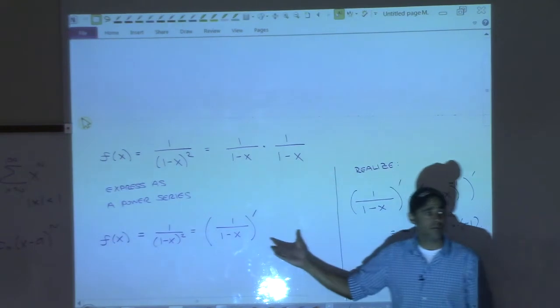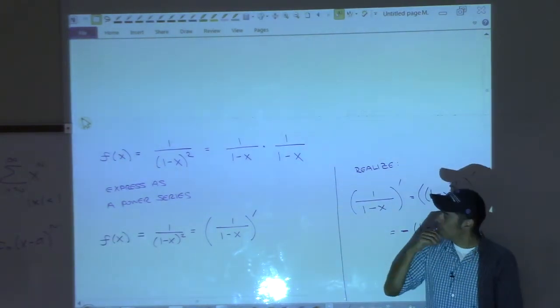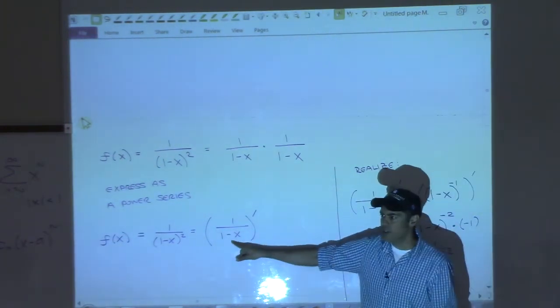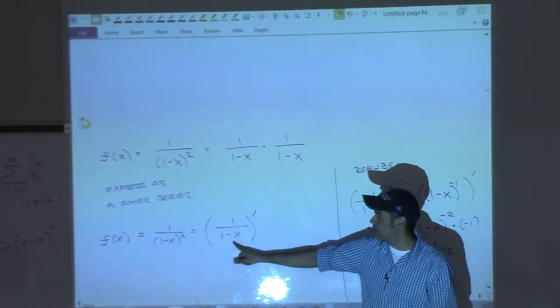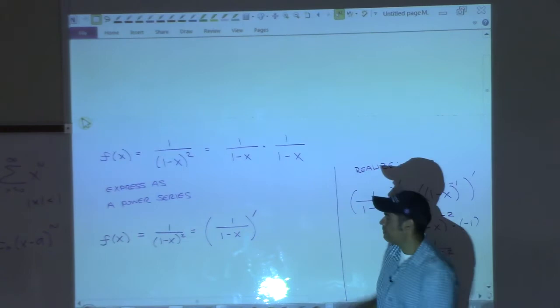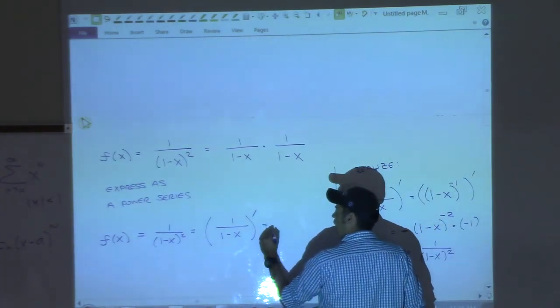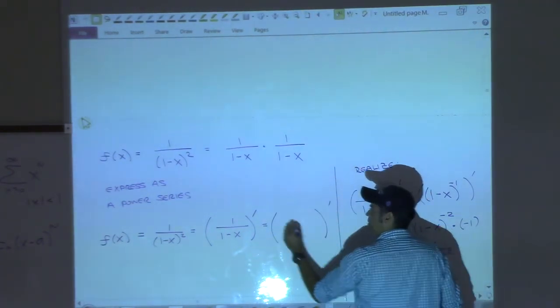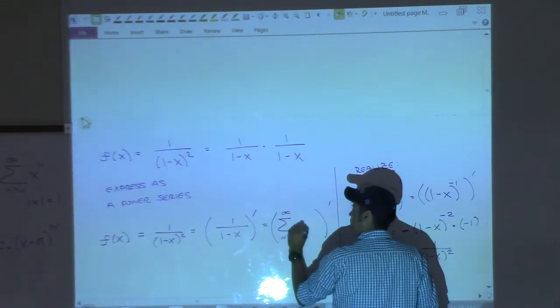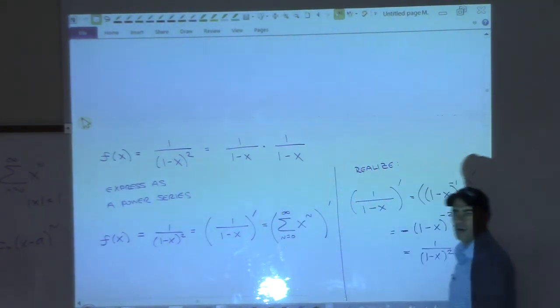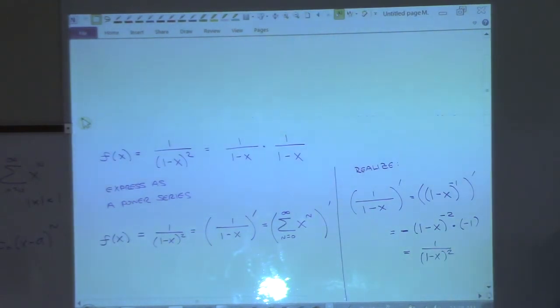Y'all agree? But this is a power series. We have a power series for this, don't we? What's the power series for this? It's that, right? So this is the same as saying the derivative of that power series right there. Are you following this logic?